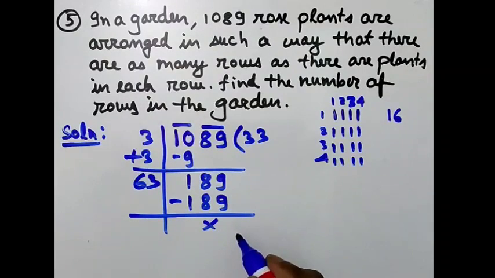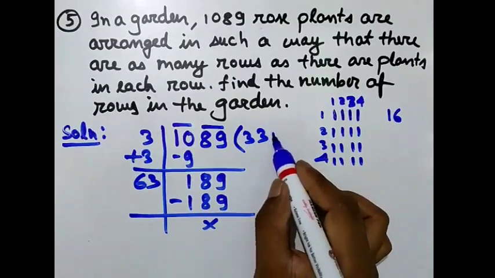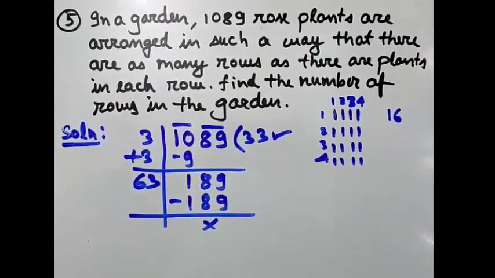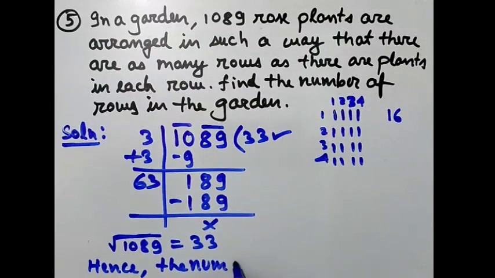So there is no remainder left now, so 1089 was a perfect square. So the square root of 1089 is equal to 33. Hence, the number of rows is 33. Clear?